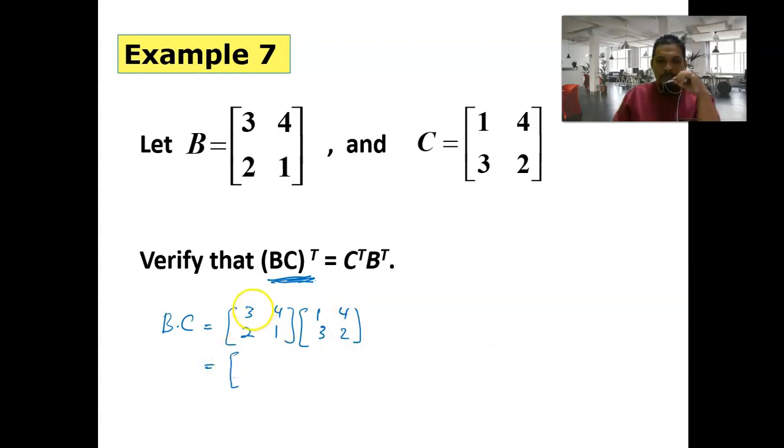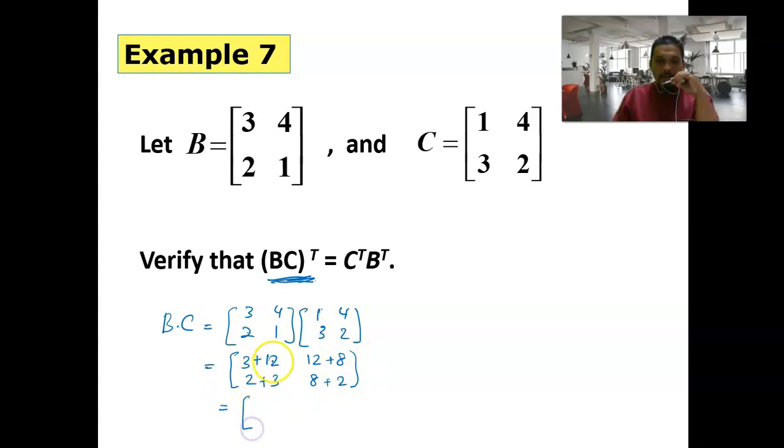So 3 times 1 equal to 3, plus 4 times 3 equal to 12. 3 times 4 equal to 12 plus 4 times 2 equal to 8. 2 times 1 equal to 2 plus 1 times 3 equal to 3. 2 times 4 equal to 8. 1 times 2 equal to 2.